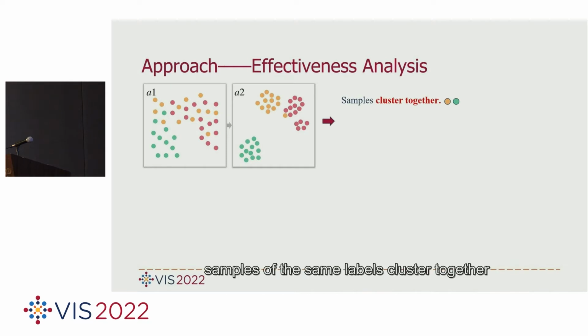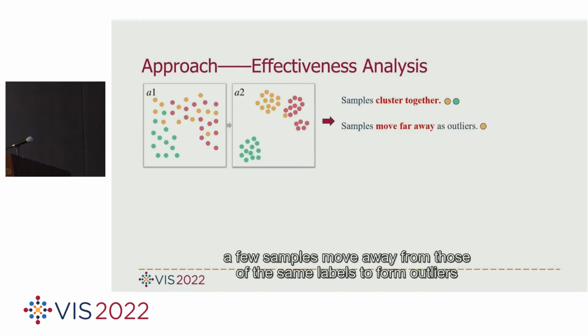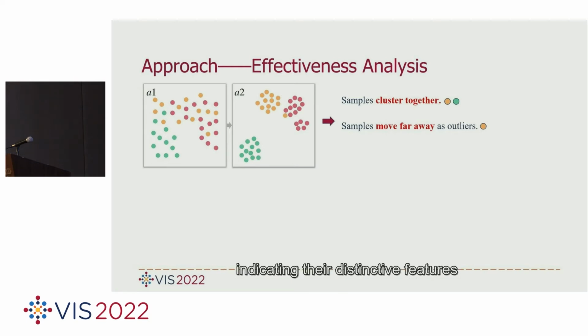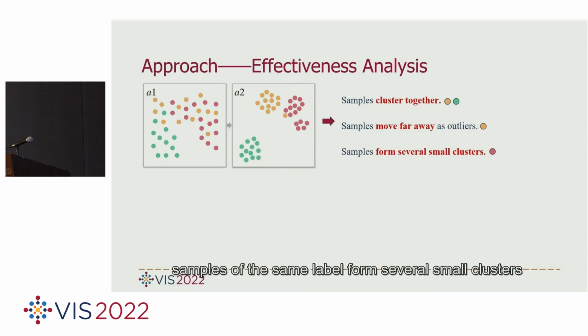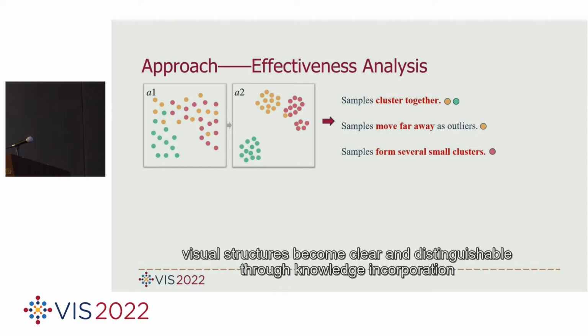First, samples of the same labels cluster together, indicating their similar data features. Second, a few samples move away from those of the same labels to form outliers, indicating their distinctive features. Finally, samples of the same label form several small clusters, indicating the existence of subclasses. Anyway, visual structures become clear and distinguishable through knowledge incorporation.